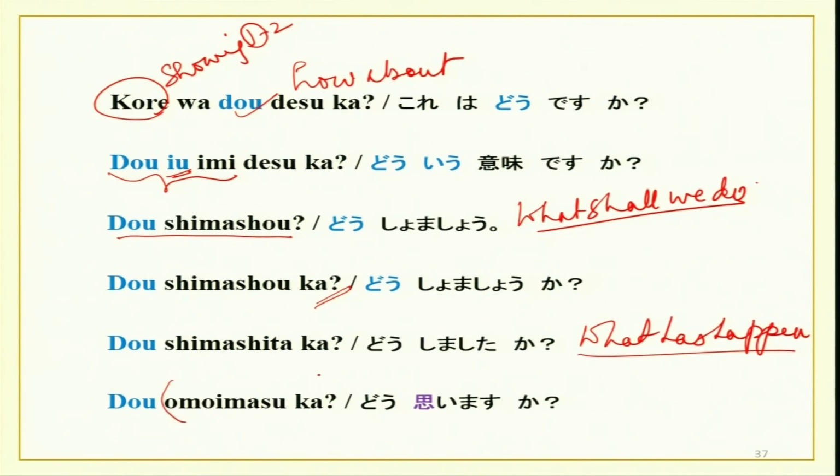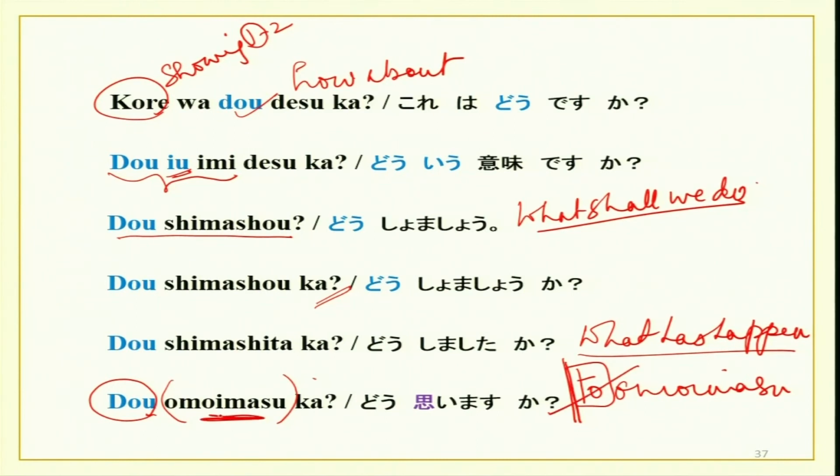Now, omoimasu you have done earlier, means think, and you know omoimasu will take particle to always, but with do, particle to will not be used when you are using omoimasu. So, do omoimasu ka, what do you think about this? What do you think about this? So, you can see very clearly how do can be used in conversation to ask questions in different situations.